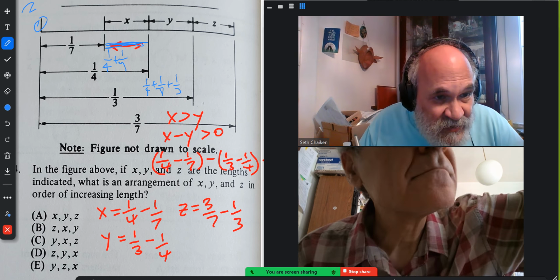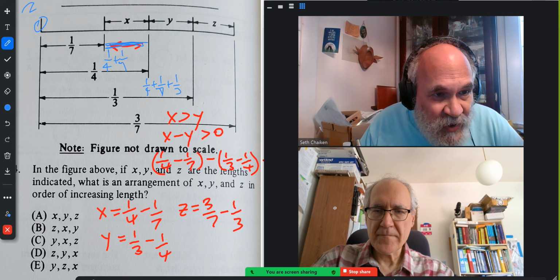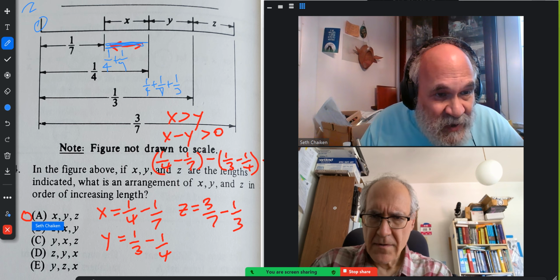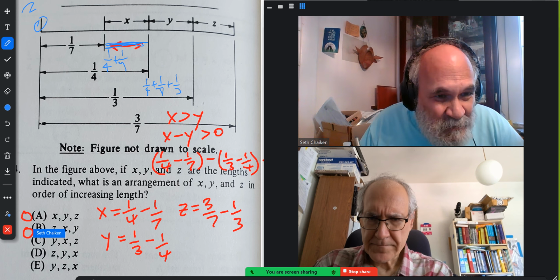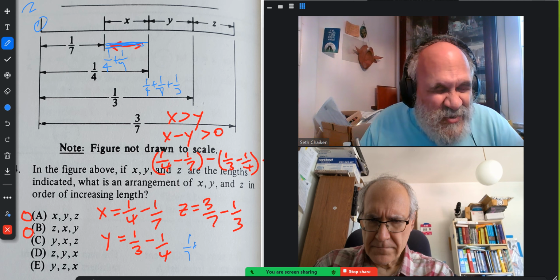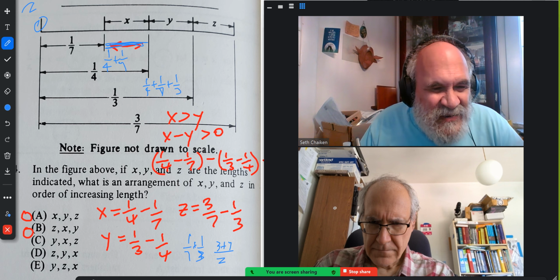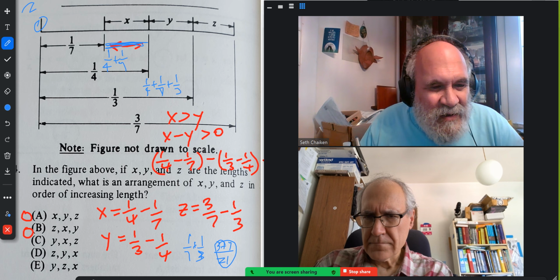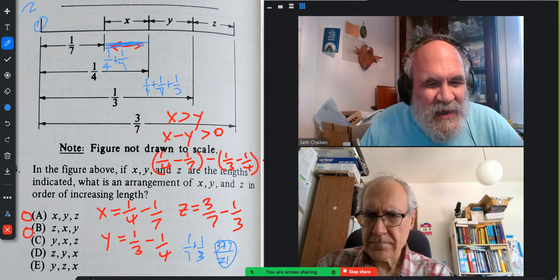So this is possible, and this is possible, and then you just have to check what's the difference between here and here? If you compare y and z, you have to see what z is.